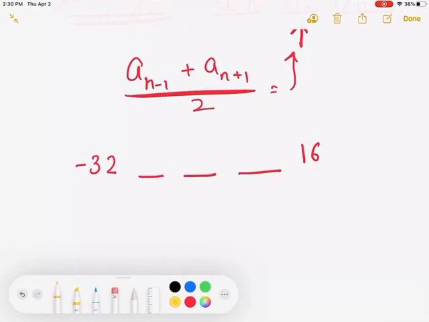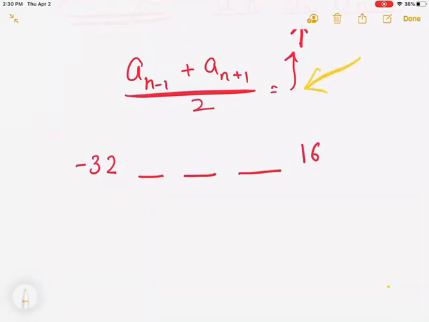For something like this, I'm going to follow this pattern. I know if I add these 2 and divide by 2, that will give me the exact middle term, which is this one. So negative 32 added to 16, divided by 2.